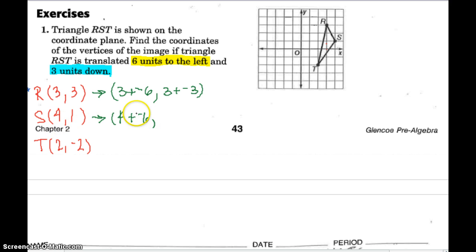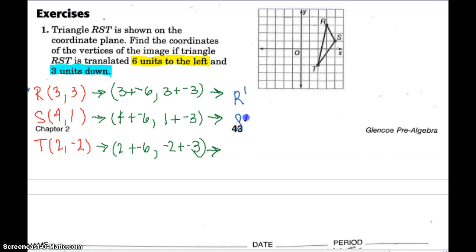And the original y and go down, so negative 3. The original x minus 6 and the original y minus 3. That's the math involved in getting the prime coordinates.